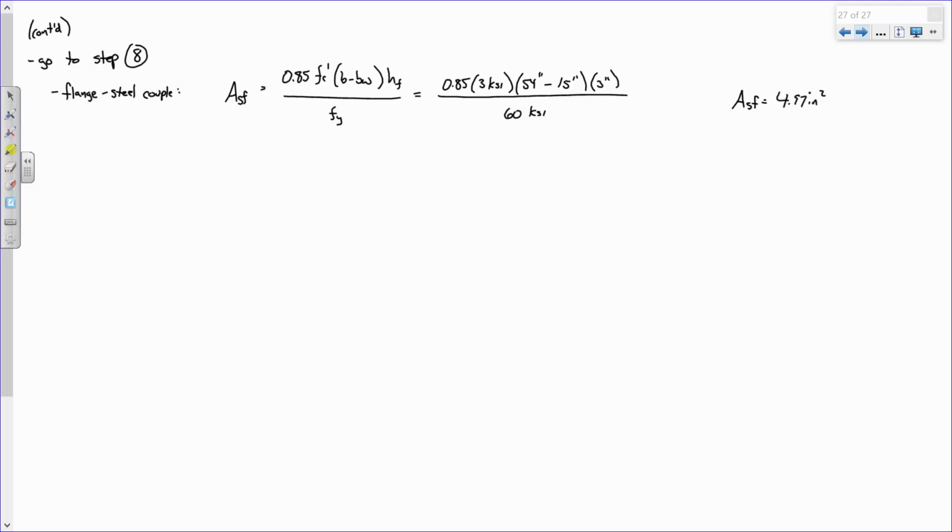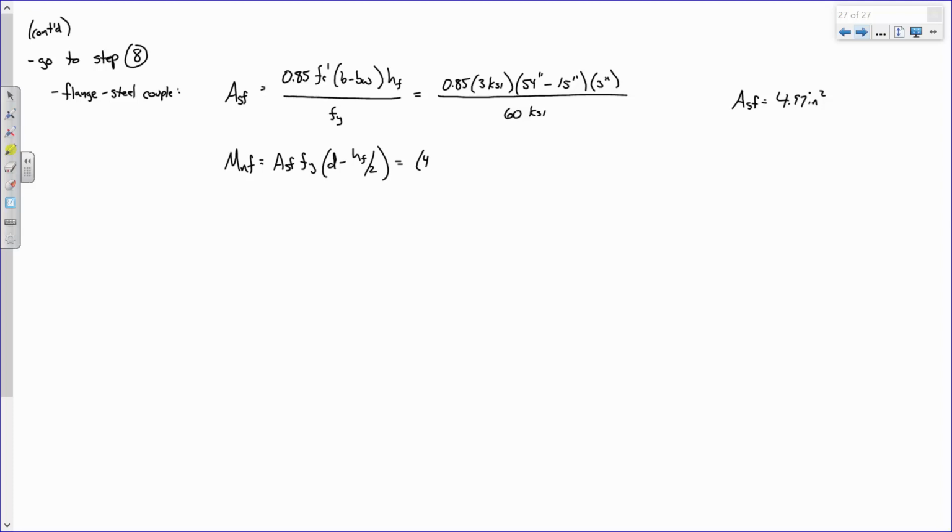All right. And then last, we'll do MNF. So that's just going to be, again, C or T times that moment arm. Now, C or T, which one do you want to use? T. I'm lazy, so let's just do the one that has the least amount of terms. So, ASF Fy (d minus HF over 2).